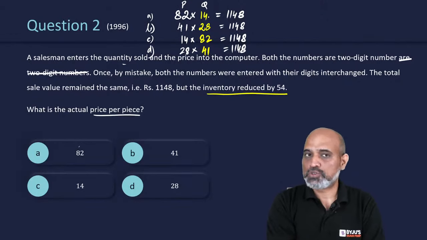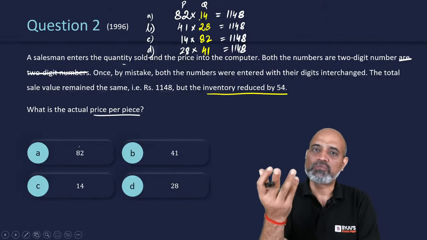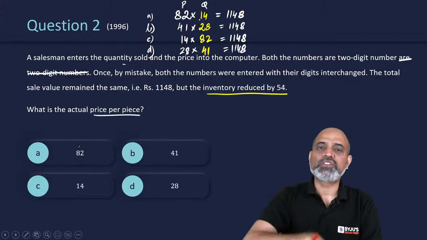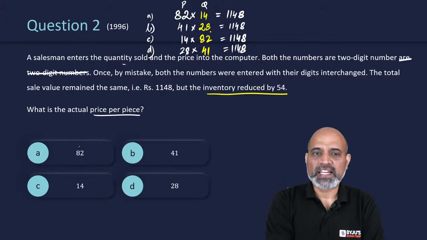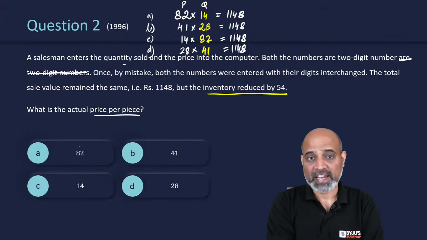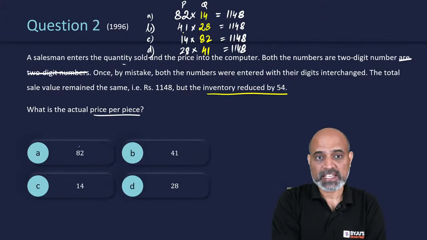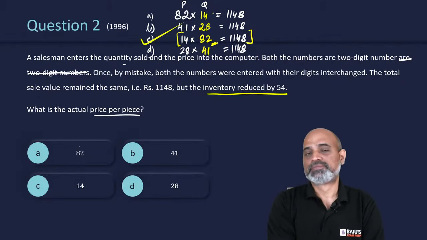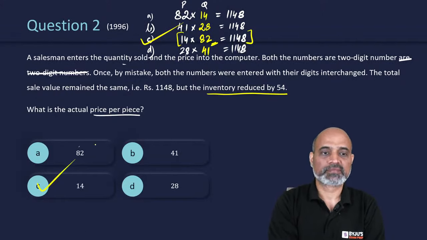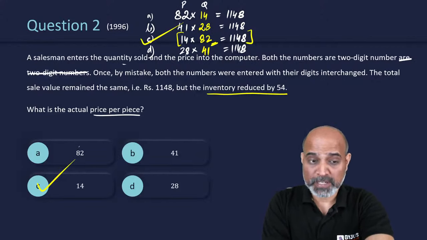If the actual inventory is 14 quantity, then it cannot be reduced by 54, right? 28, it won't. 82, yes. So can we say this is the only number which is more than 54 and it can get reduced by 54? So C becomes our answer. Okay. So the actual price per piece is going to be 14.